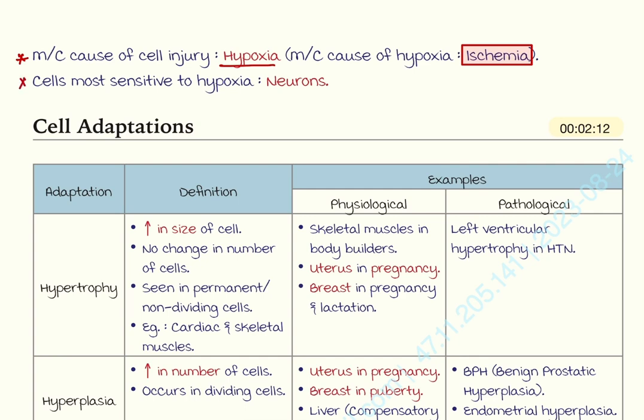The cells which are most sensitive to hypoxia are neurons. But if they ask you which cells are resistant to hypoxic changes, they are fibroblasts, followed by skeletal muscles. They are the most resistant to hypoxia.